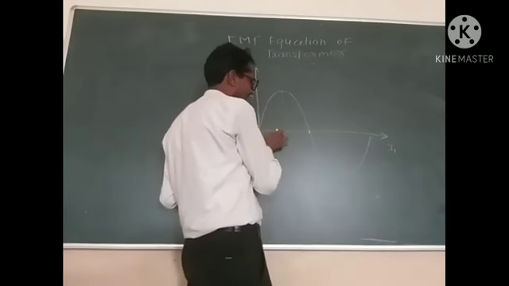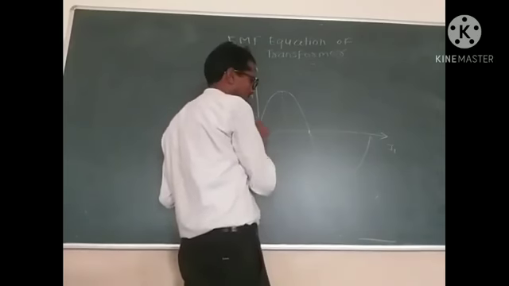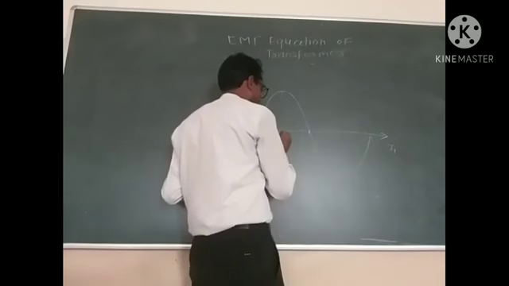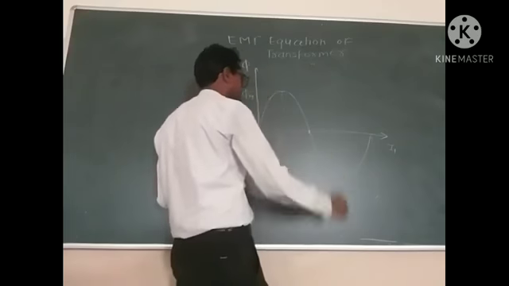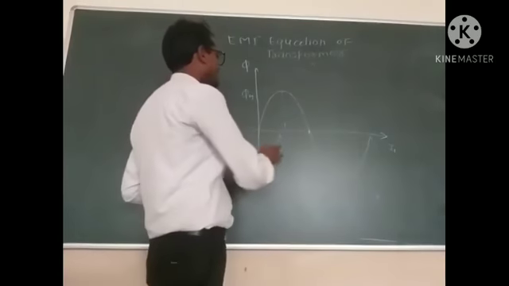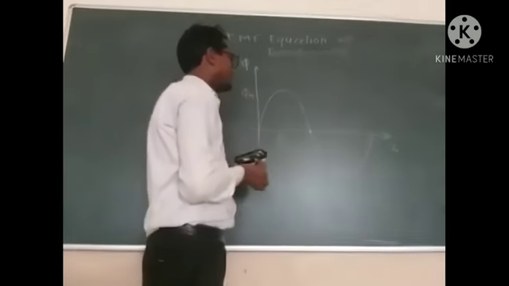But this time is 1/4 of the time period. That means the value of this time is T upon 4f. This is the time of T upon 4f.